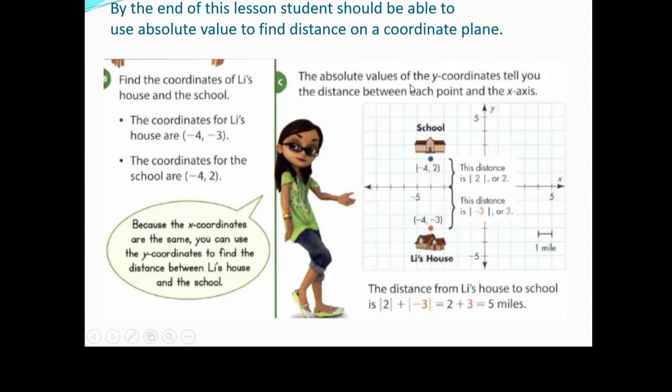Now the absolute value of the y coordinate tells you the distance between each point and the x-axis. Now I want to find the distance between the school and Liz's house.